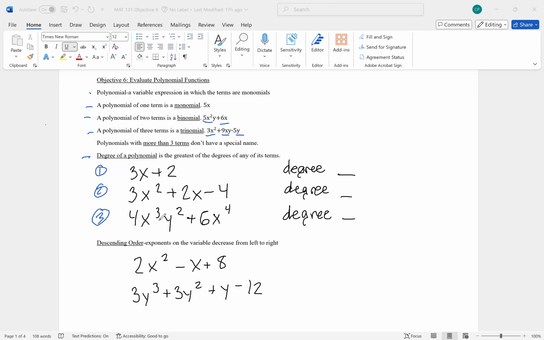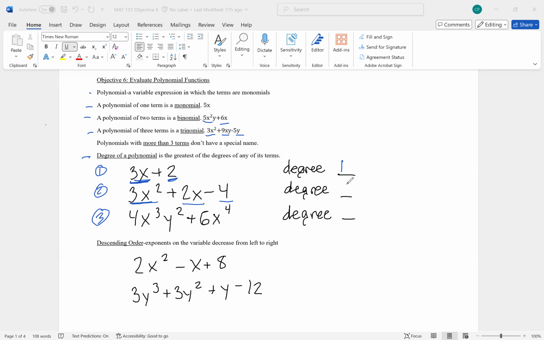So if we look at the first example, the degree of this is 1. The degree of this is 0, okay? So we write it with the highest degree in the front, and then they decrease from left to right. If we look at example 2, the degree of this one is 2, the degree of this one is 1, and the degree of this one is 0.